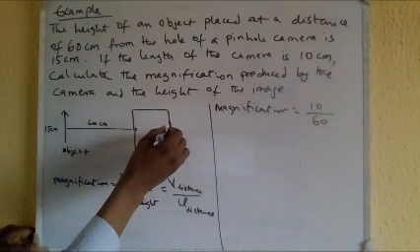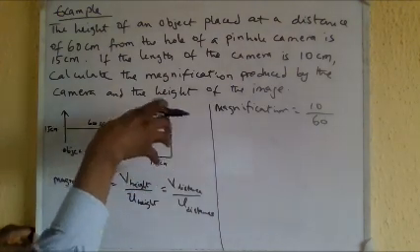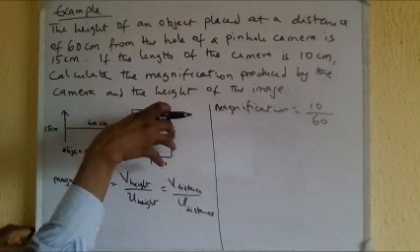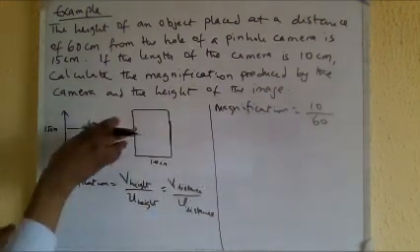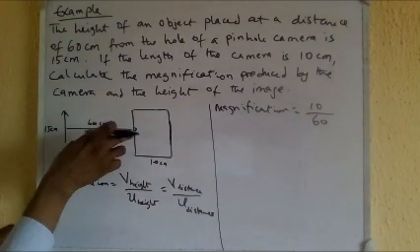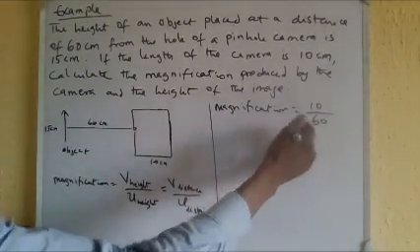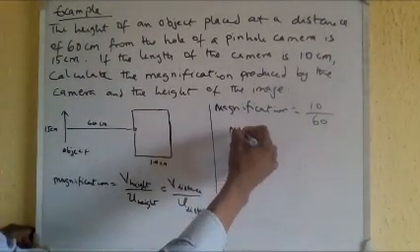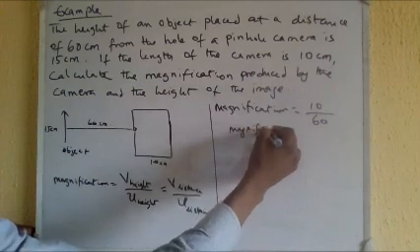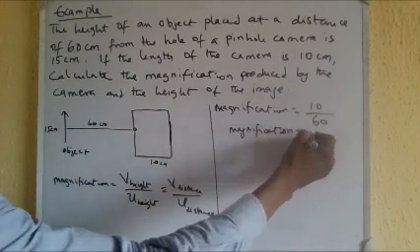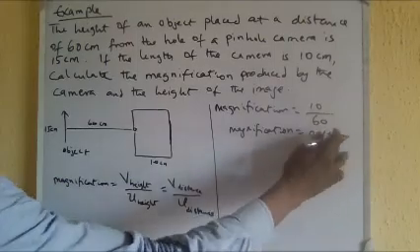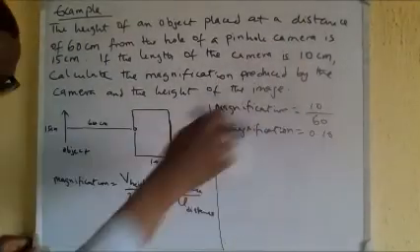So that's where the image distance is. Understand? While the object distance is from where the object starts to where the camera starts. So this one is the ratio of 1 to 6. So magnification is equal to 0.16. Magnification, I say it's a constant. Okay, so that's magnification.